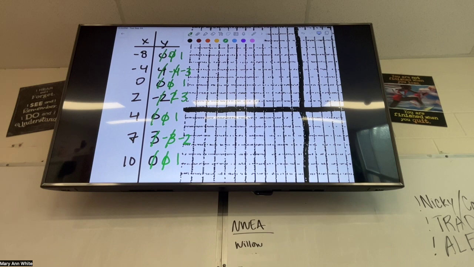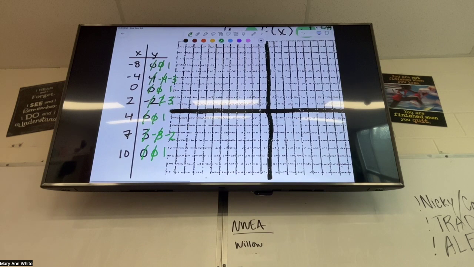Once you've changed all your y's, multiplying all of them by -1 and then adding 1 to all of them, now I'm going to graph them on my graph. I'm just going to go 1 point at a time. So I'll go (-8, 1).